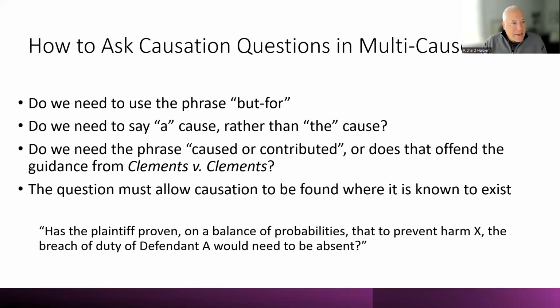So one of the things I'd like to see, and if you look at the case law, I'd like to see that we stop using words that mean nothing to lay people like jurors, even in the analysis that we as lawyers take to causation. And I'd like to see us not use the phrase but-for in causal questions.